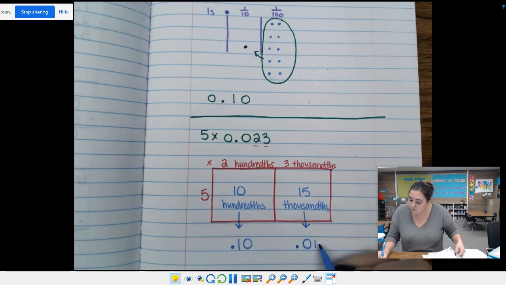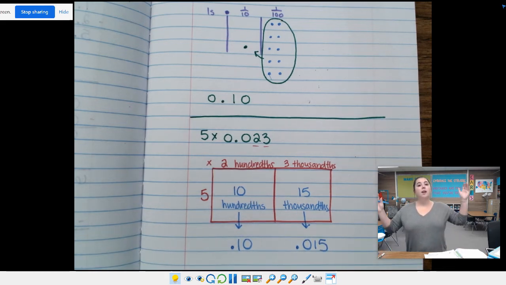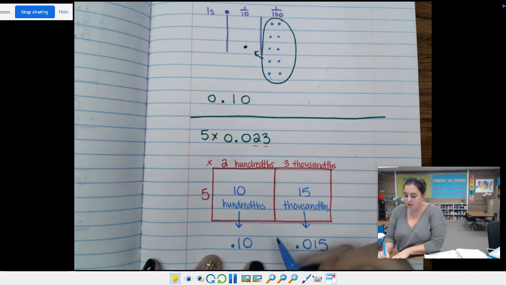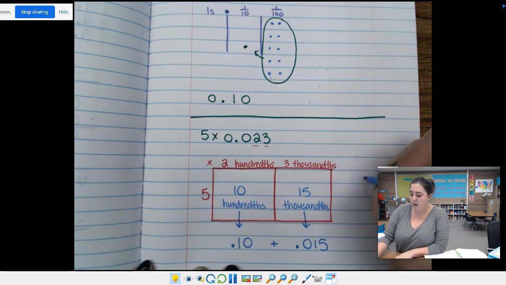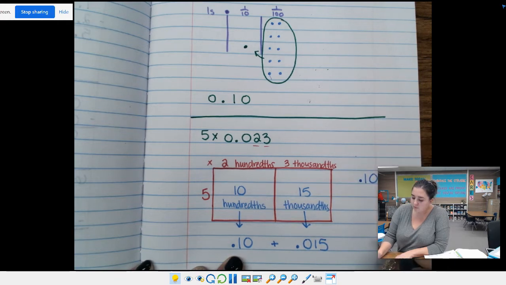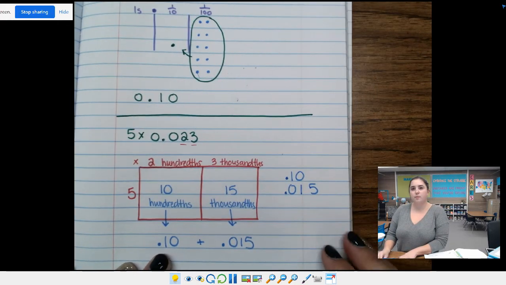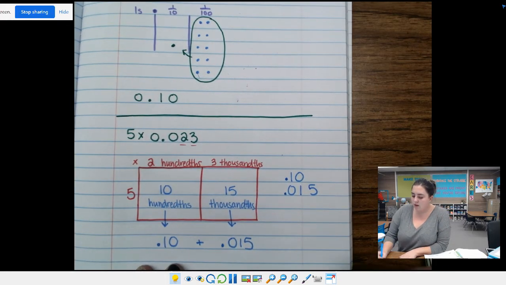Decimal 0, 1, 5. Now I add these pieces together. And I can't add like this. I need to write it up and down. So I have decimal 1, 0 plus decimal 0, 1, 5. Oops, I'm sorry. Now I can add.